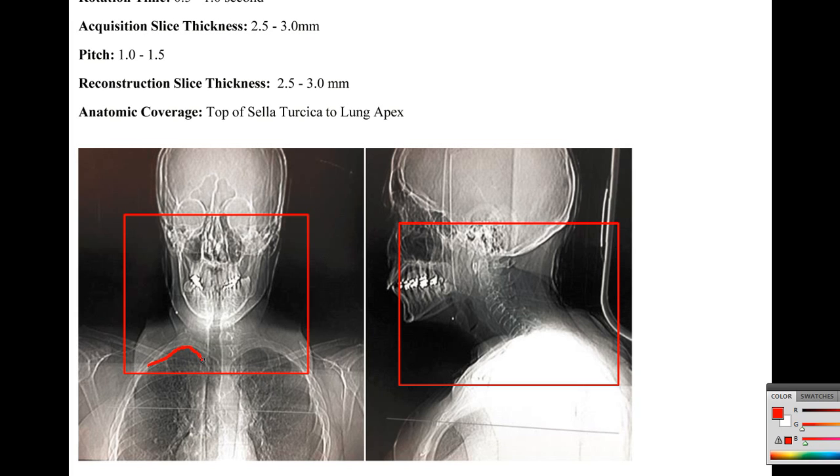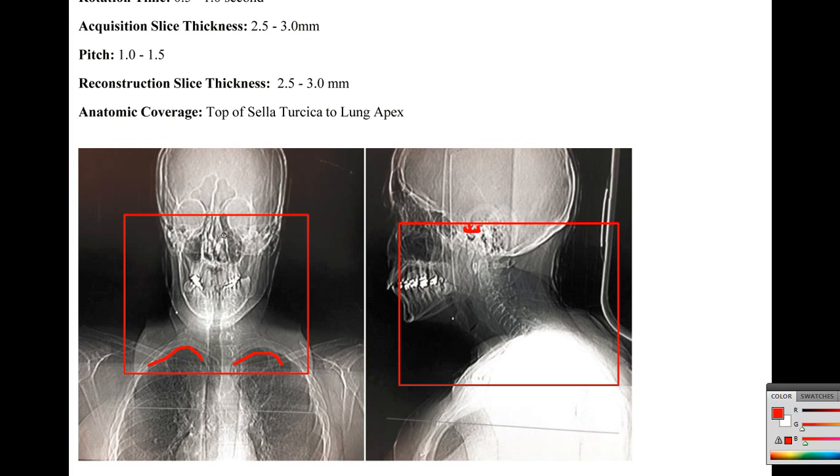And so you're looking for the lung apices, which are in this area. And your sella is right here. So the question becomes, how do you plan this out with each portion of the survey demonstrating essential anatomy but not on the same page?